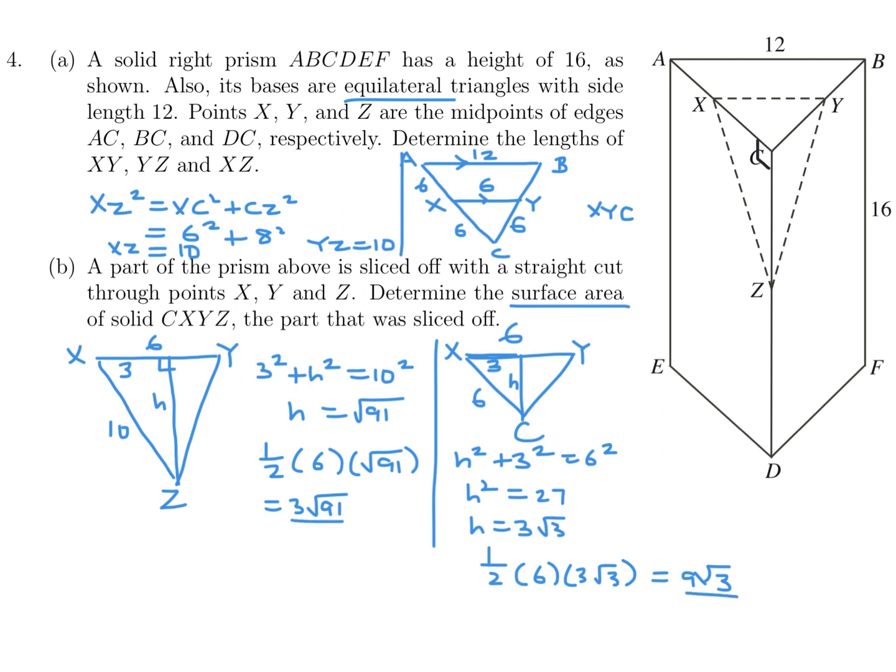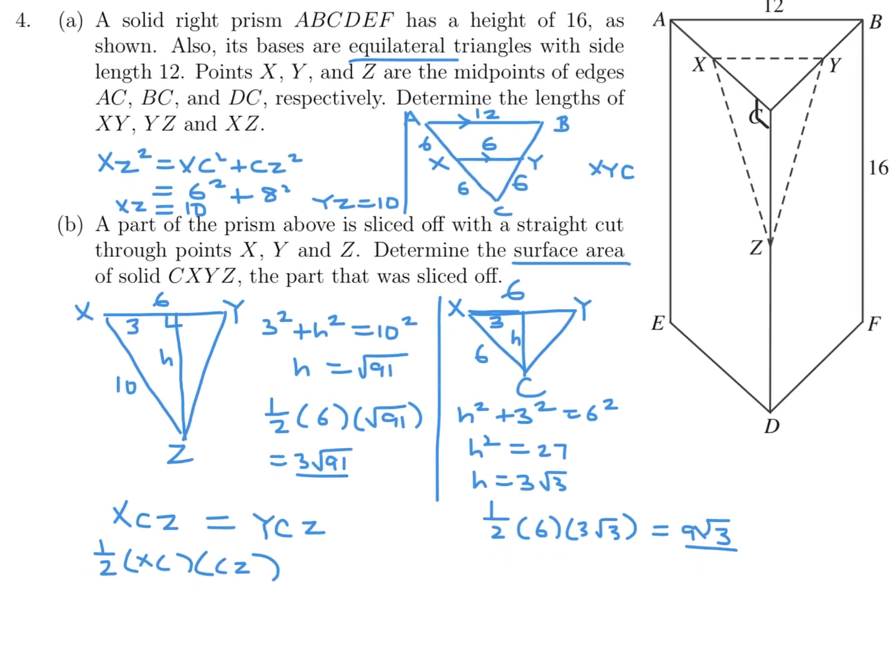Now we just have to figure out the areas of XCZ and YCZ. These are both going to be the same because of the symmetry of the diagram. That's very easy because it's just 1/2 base times height. The base is XC and the height is CZ.